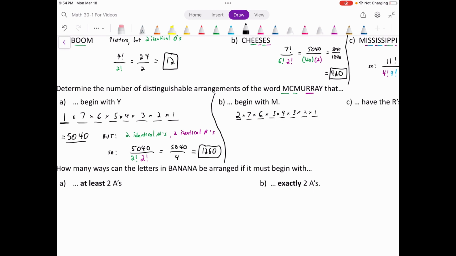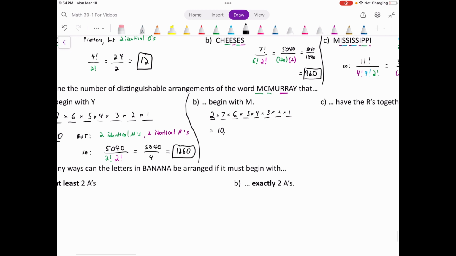And I know you're probably screaming at your computer right now, but the 2 M's are the same, okay? I know, but with these, it's typically the best approach, or maybe the least stressful approach, to just pretend they don't matter, keeping in mind that at the end we can divide out all the extra arrangements we've come up with because we treated them as unique, okay? So that gives us 10,080.